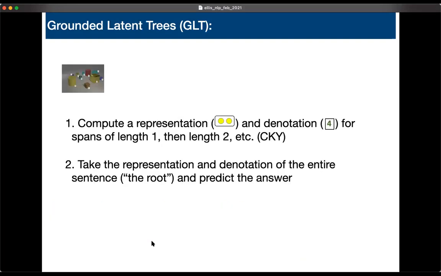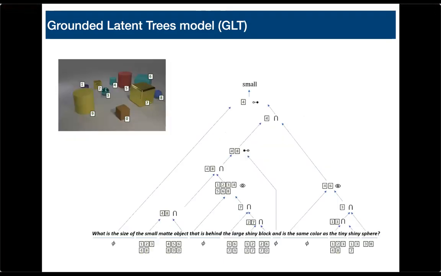So this is roughly the model. It's written in short here: compute representations and denotations for spans of length 1, length 2, etc. Then you take the final denotation and representation for the entire sentence, and with a feed-forward network, extract the answer. That's it.